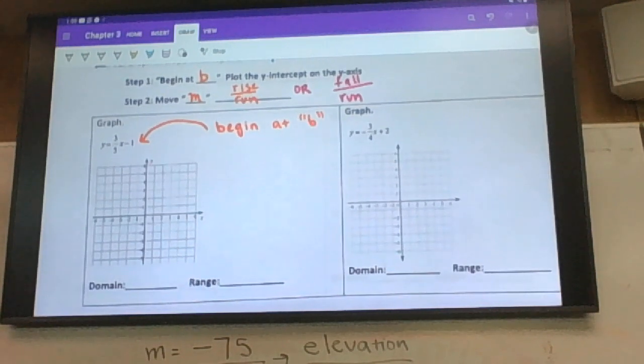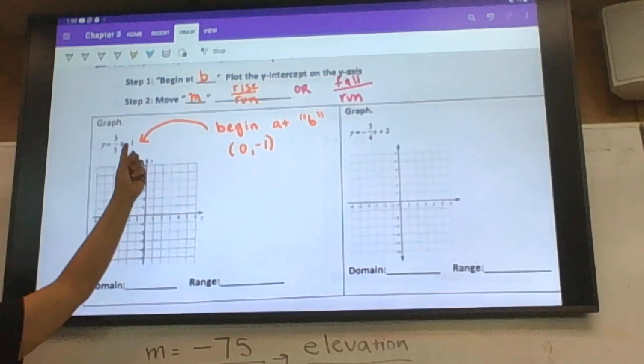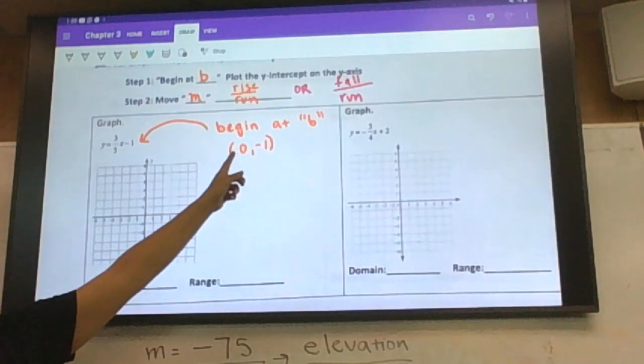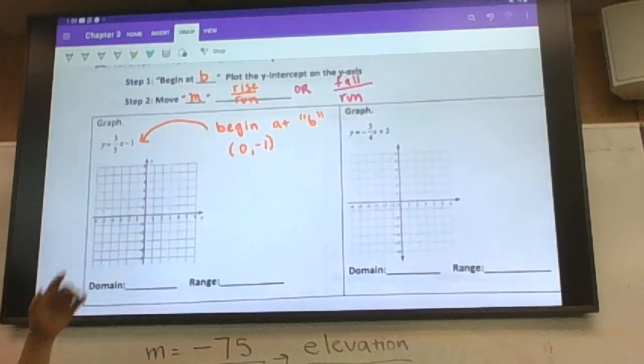So we're gonna begin at B. It's a negative 1, so we're going to begin at 0, negative 1. The B value is negative 1, and you pair that y-intercept with a 0, so that goes on the y-axis. So here's our beginning point.